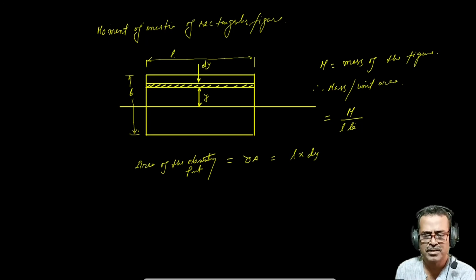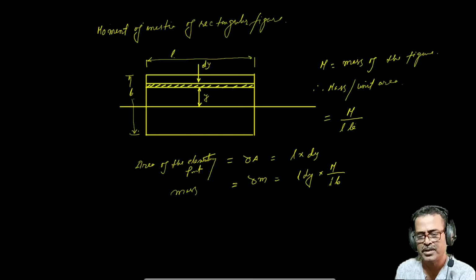So the mass del M is equal to L dy into M by LB. L is cancelled, so del M is equal to M into dy by B.